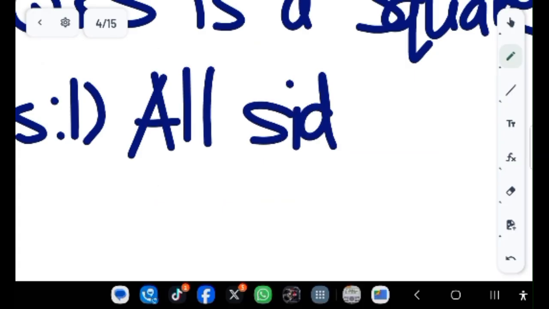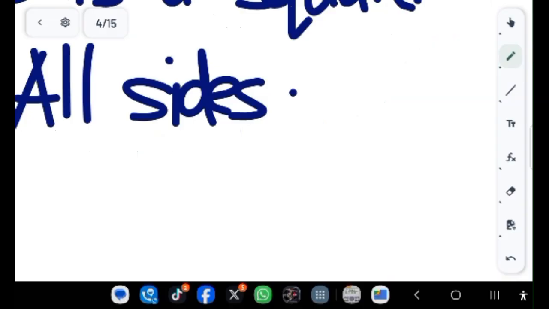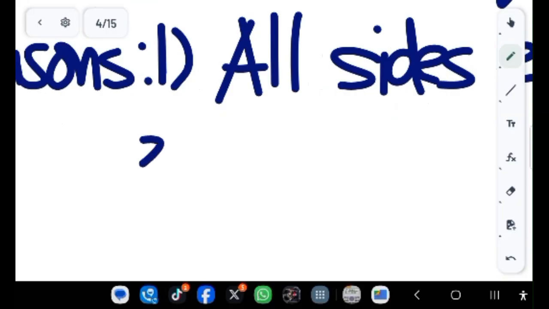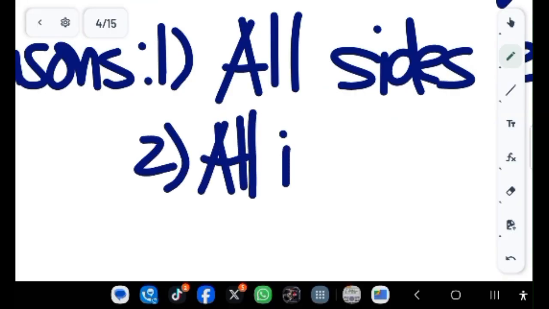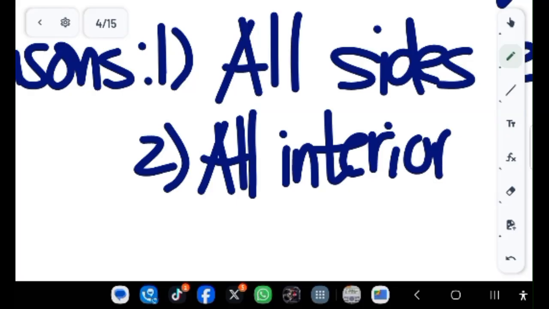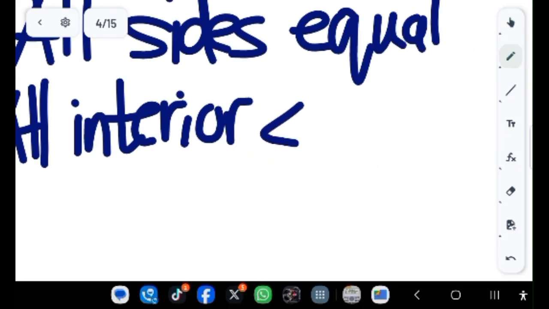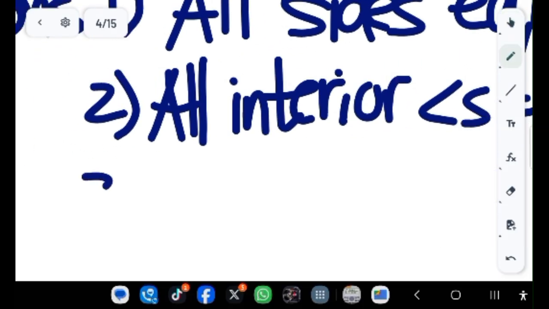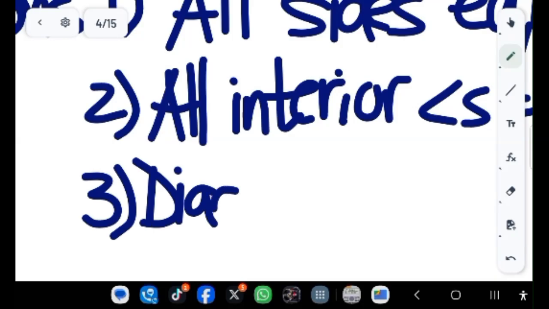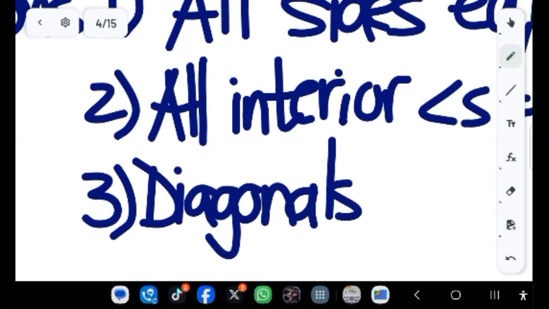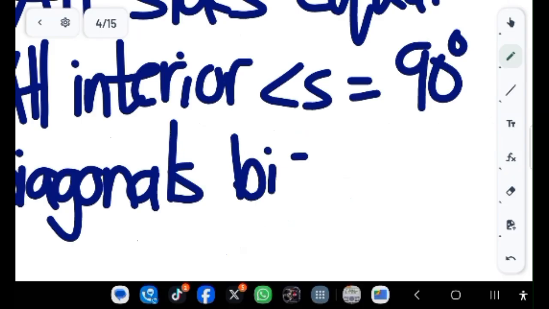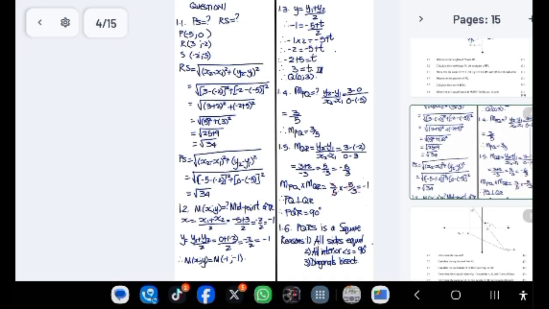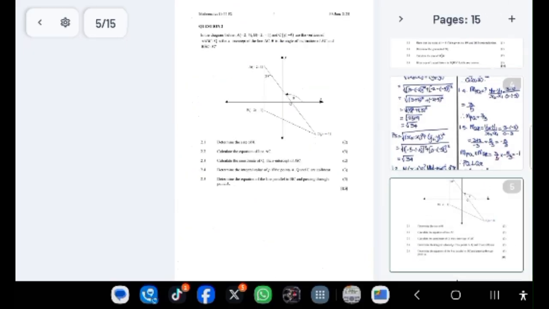Number 2, all interior angles equal 90 degrees. And the last thing is that the diagonals bisect each other, cutting each other into two equal pieces. That's a square. We are done with this question. Let's move on to the next question.